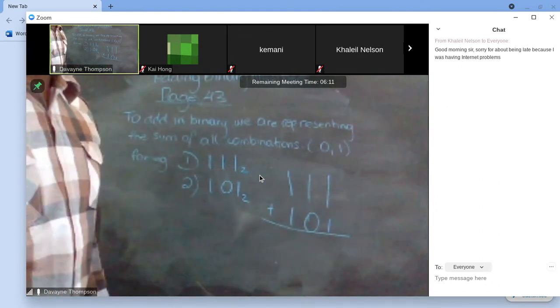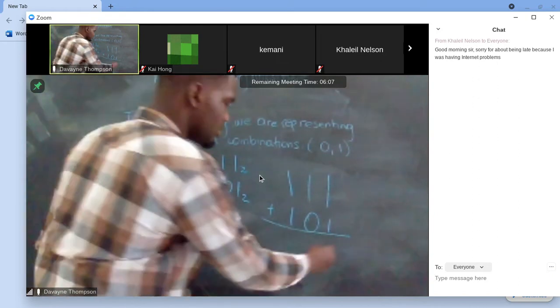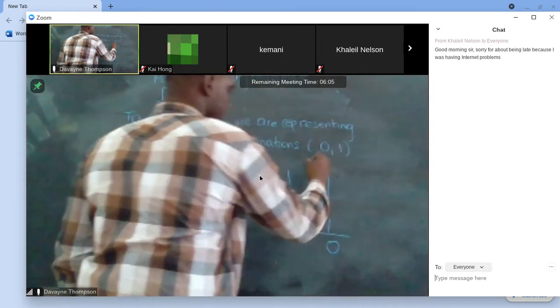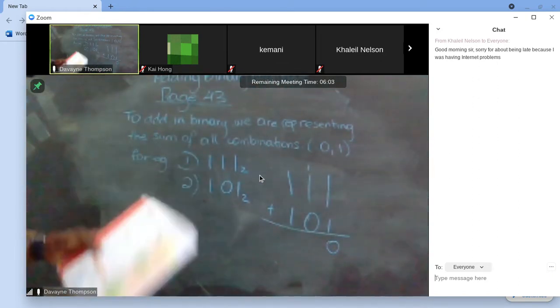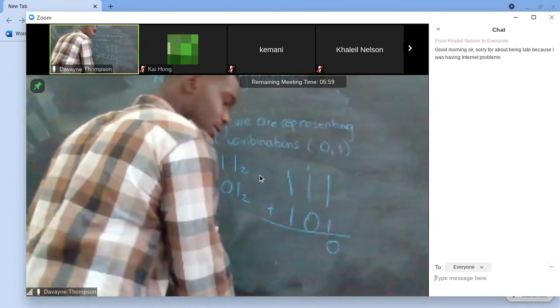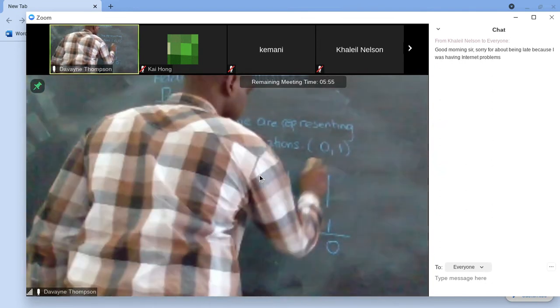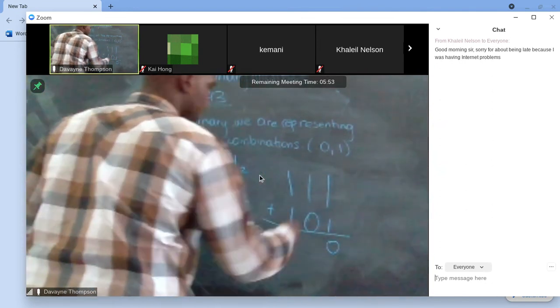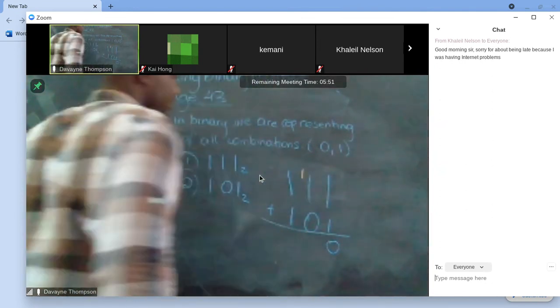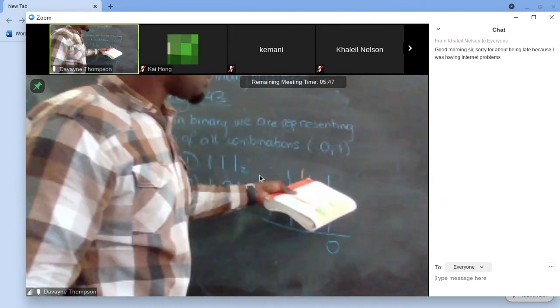But because we want to write 2 in binary, we say 2 is represented by a 0 and a 1. You guys see that? So the 1 is above it, like there. The next thing now, what is 1 plus 1 again?